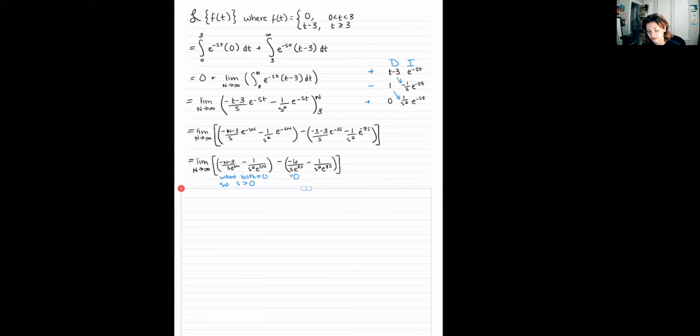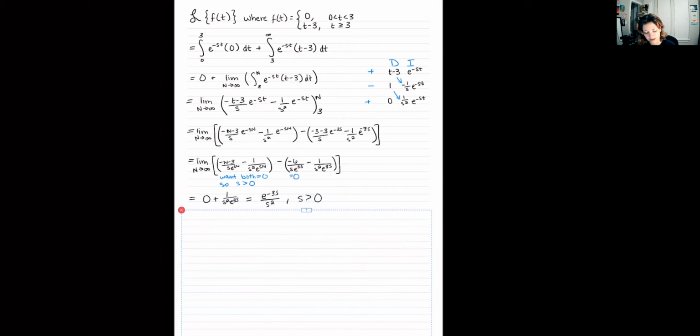And then looking at our second set of terms, that minus negative 6 over s e to the 3s. As long as s, again, is positive, we are able to move those e's to the bottom. So that's why I moved them to the bottom. And again, that first term is going to converge to 0. And then our second term, that negative 1 over s squared e to the 3s, that's going to be what our limit is.